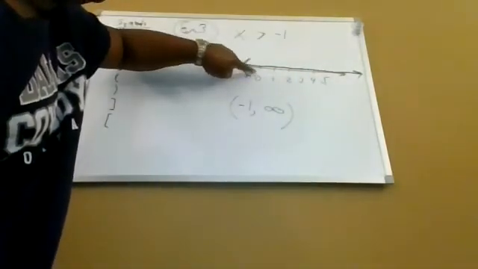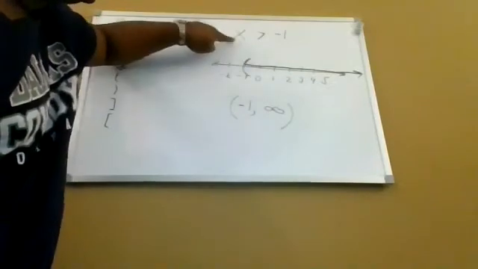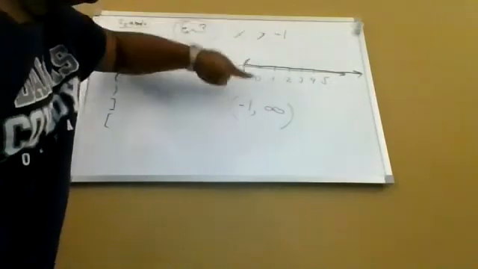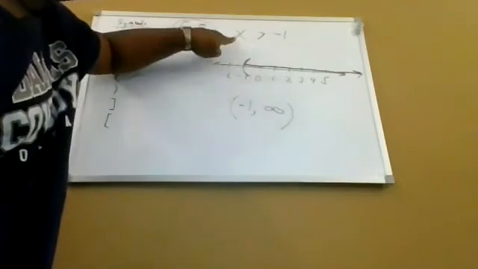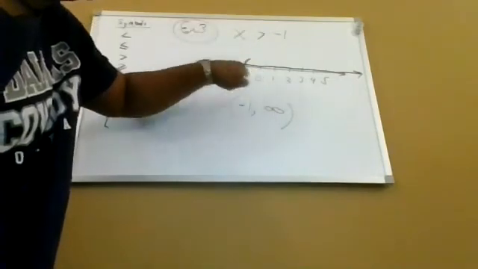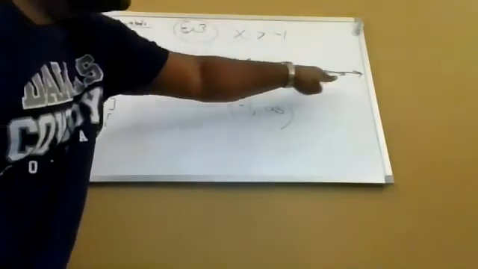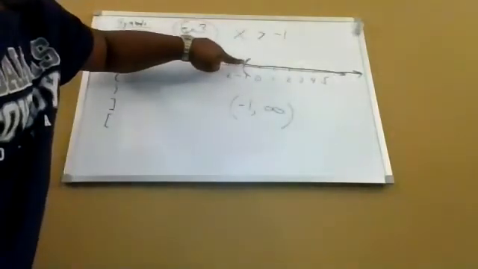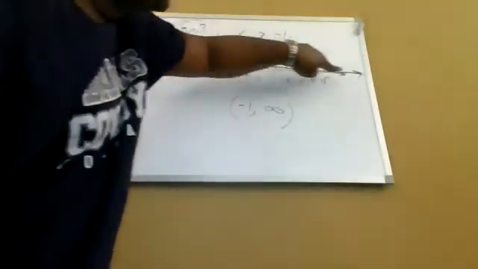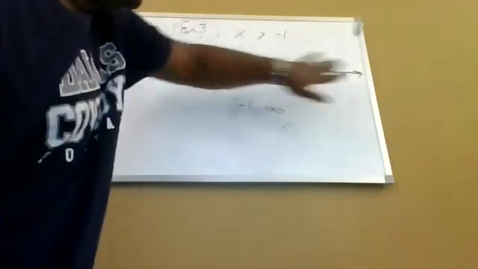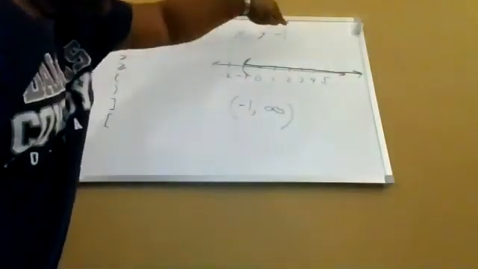Well, 0, if I substitute it here, is greater than -1. 1 is greater than -1. 2 is greater than -1. 3, 4, 5, and so on. So we draw the line to represent all those values of x that make this inequality true.